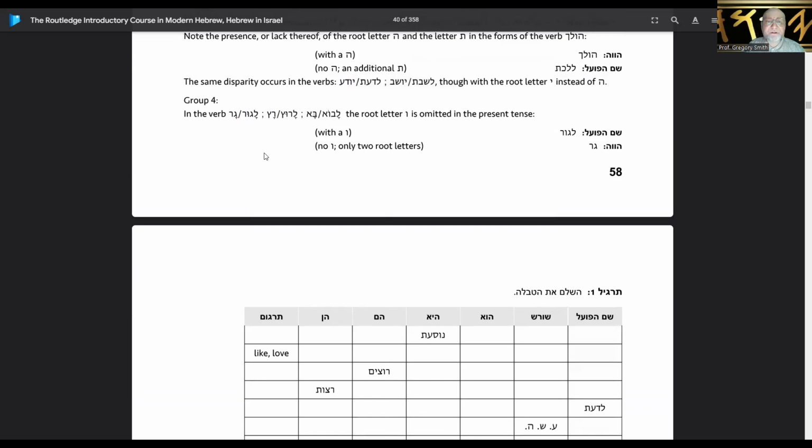Okay, so here's an example. We have the Shem Hapoel. This is in the present tense verb form, lagur, which means to dwell, to live, like to reside.